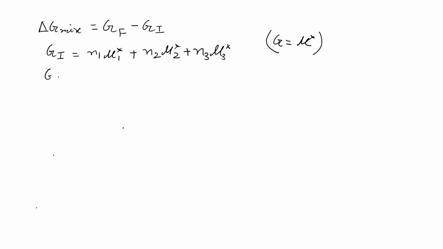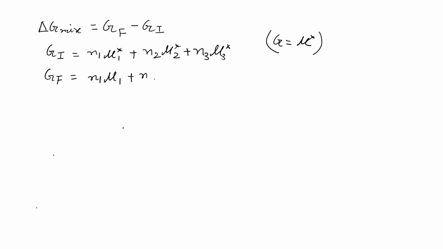Now what will be G final? G final will be from Gibbs-Duhem equation. We have seen that if a number of components are there, then G will be equal to N1 mu1. Here this mu1 is the chemical potential of the ith component in the mixture. Okay, now it is mixed up.